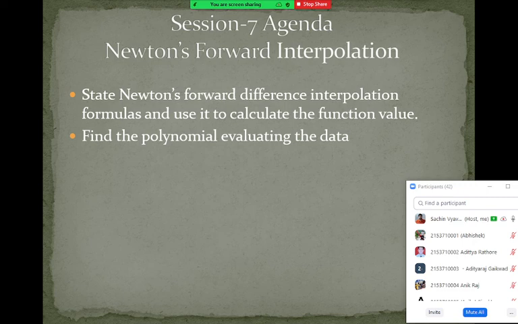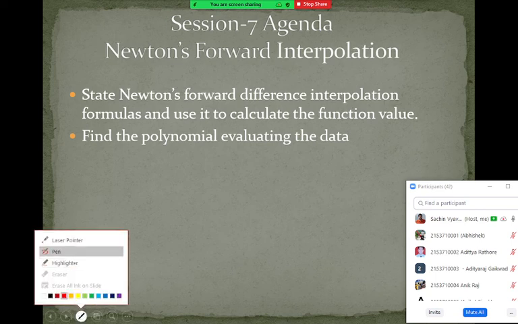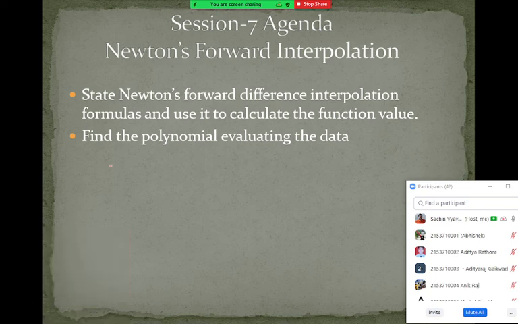Now, before we start, we have already seen in finite differences that, suppose we are given this set of points, values of x and y. So the values of x and the values of y are given: x0, y0, x1, y1, x2, y2, and x3, y3.